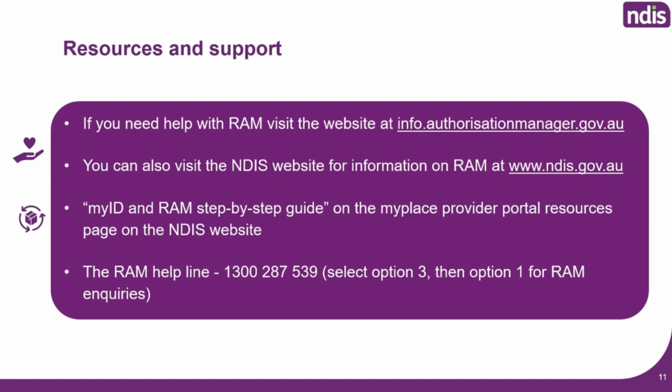There is a myID and RAM step-by-step guide on the MyPlace Provider Portal resources page on the NDIS website. There is also an individual helpline you can call for RAM inquiries, which is 1300 287 539. You select option 3, then option 1 for RAM inquiries. Thank you. This concludes the video.